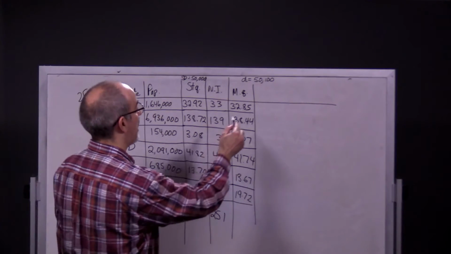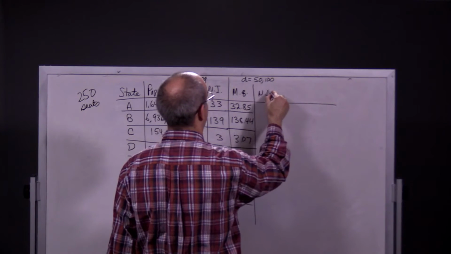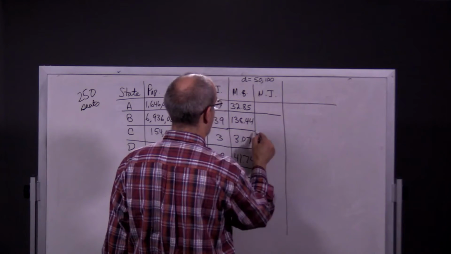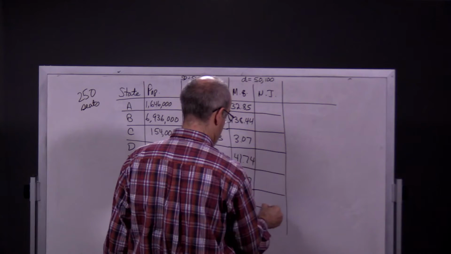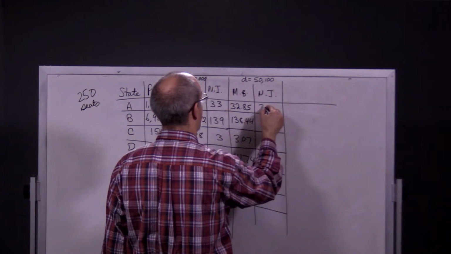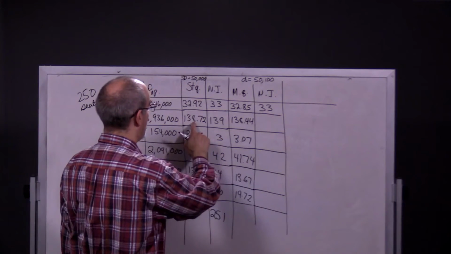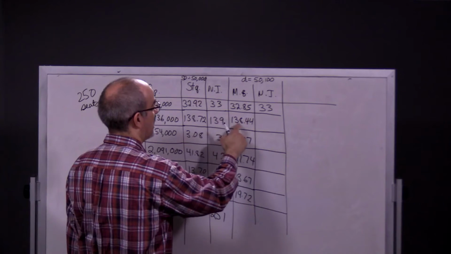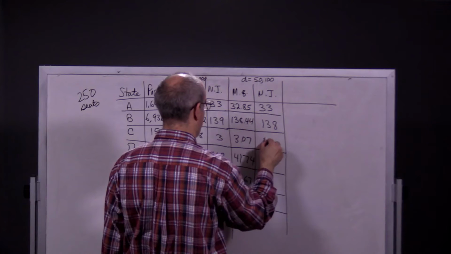All right, so if you round these new modified quotas, this is 33. Notice here though, it was 0.72, which would round up. Now it's below 5, so this rounds down.